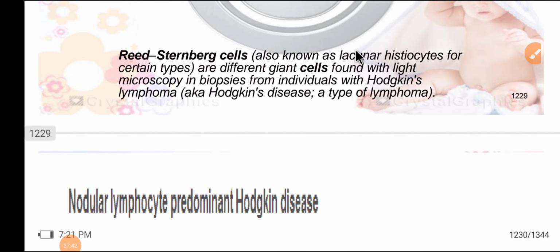Reed-Sternberg cells, also known as lacunar histiocytes for certain types, are different giant cells found with light microscopy in the biopsy from individuals with Hodgkin's lymphoma, also known as Hodgkin disease, a type of lymphoma.